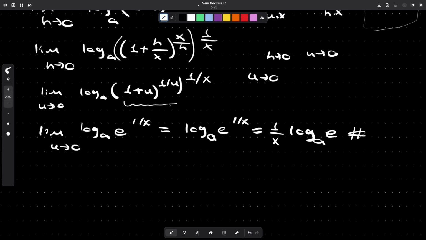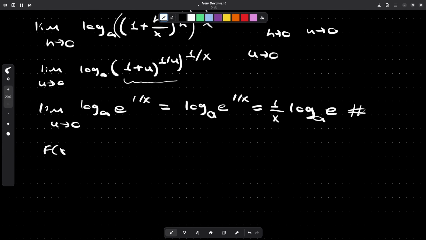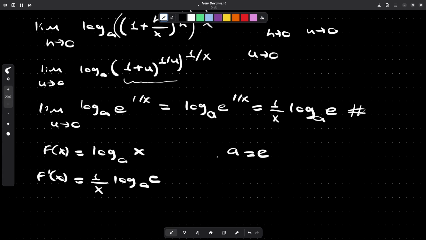For ln x, we have to be smart. f(x) is log base a of x. The derivative of this, we just differentiate it: 1 over x log base a of e. If I let a be e, I will get ln, because log base e is ln.